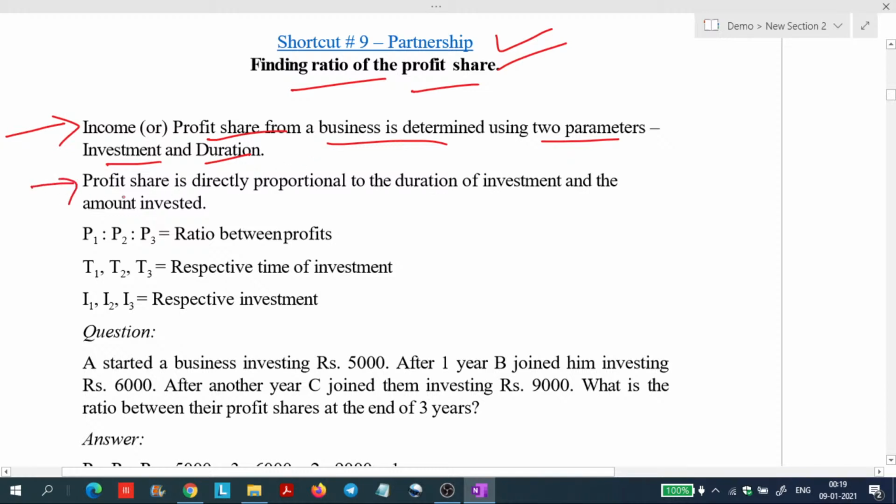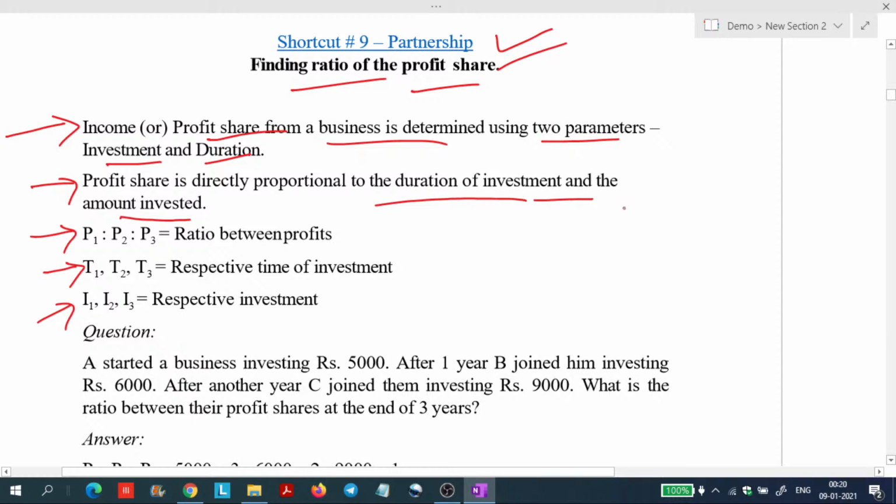Profit share is directly proportional to the duration of the investment and the amount invested. The ratio between the profits is with respect to the time of investment and the investments.